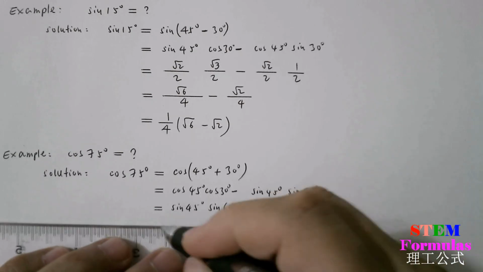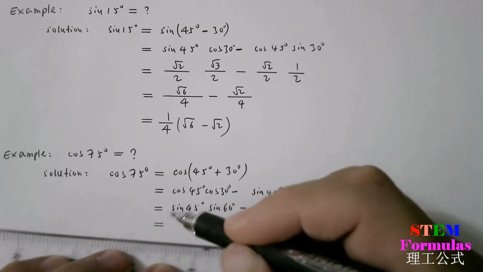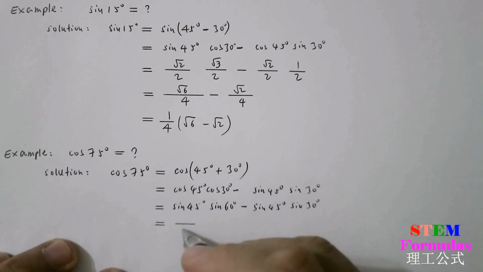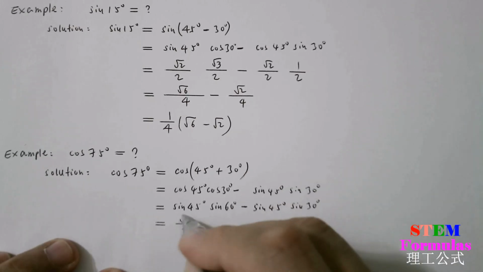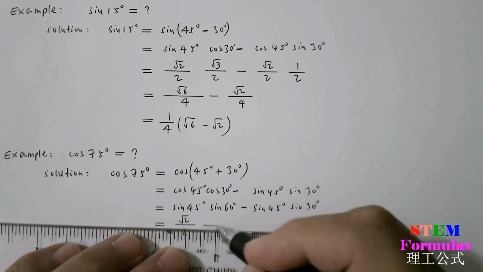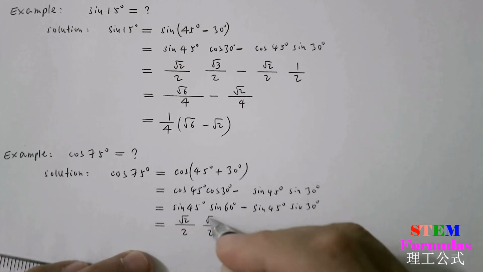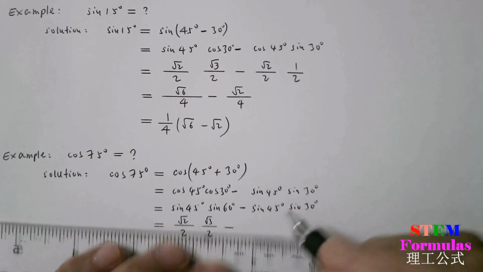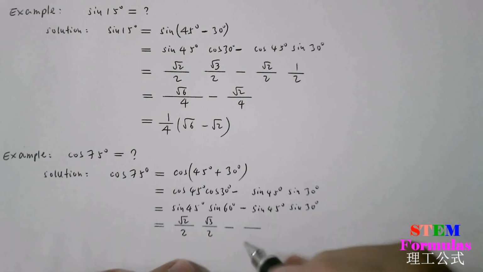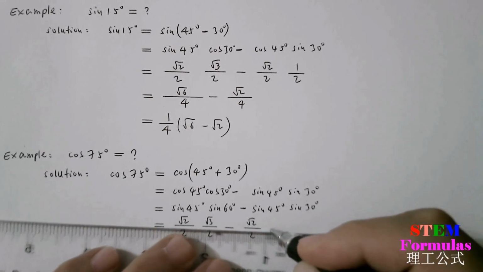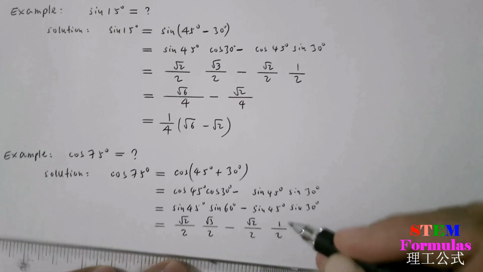Now, I use special angle values. So sine 45 equals sine 60 degrees minus sine 45 times sine 30 degrees, 1/2.